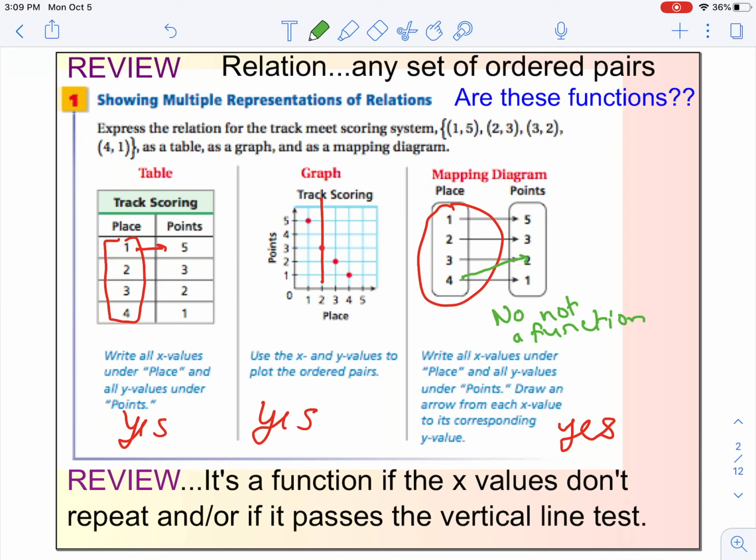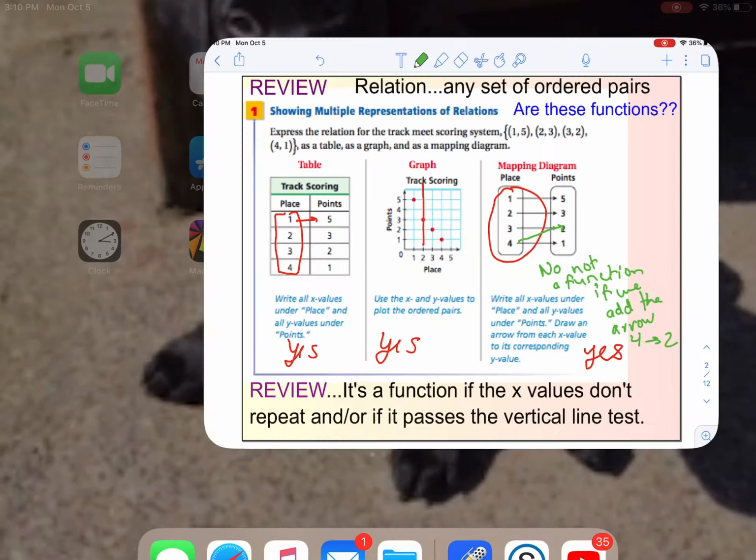So we don't have that in this case, but it would not be a function if we add the arrow 4 going to 2. All right, so again, it's a function if the x values don't repeat and it passes the vertical line test.